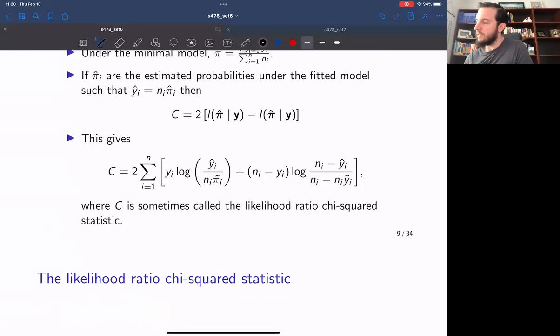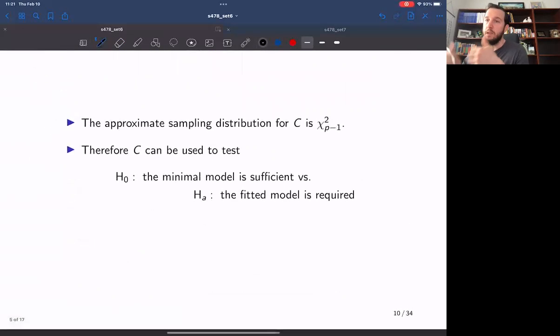Nonetheless, we can find C, and then we can use C to test whether or not the fitted model is required compared to the minimal model. Our deviance allows us to test whether the fitted model is sufficient or if the maximal model is required. With C, we're going to test if the minimal model is sufficient or if the fitted model is required.